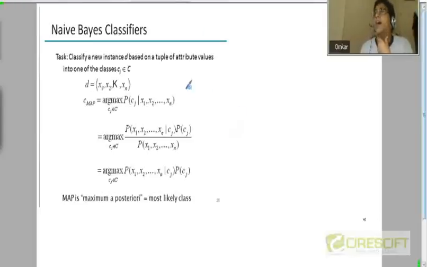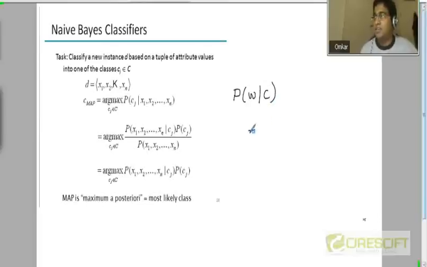Okay, and based on that, you can calculate the probability of a particular word W appearing in a particular class C. Okay, so what is the probability that word W appeared in a document of class C in the training phase?